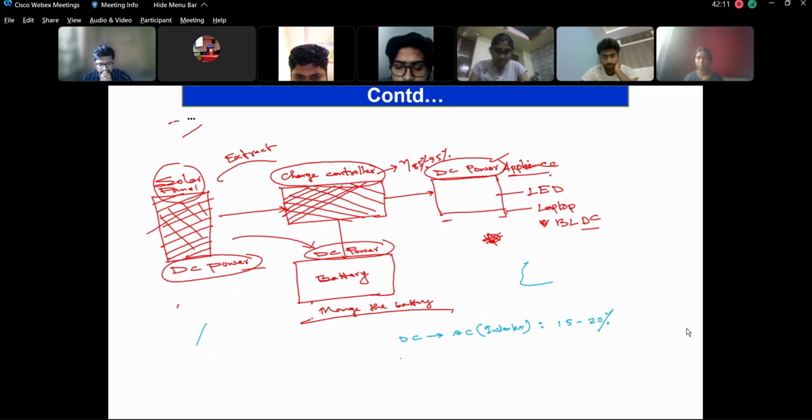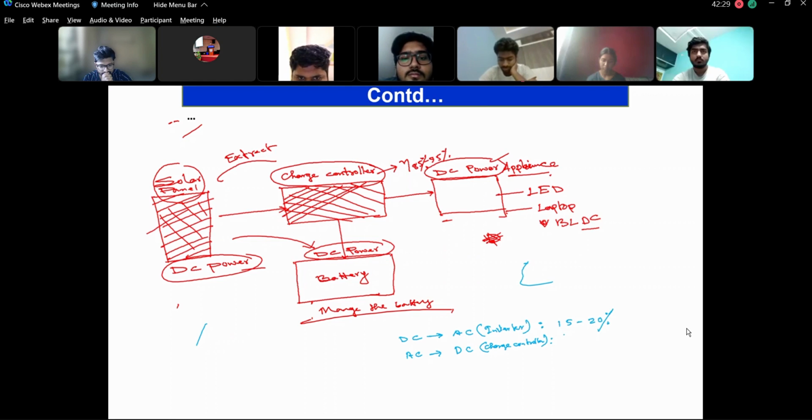While converting from AC to DC, this is the charge controller, here the loss is 10 to 15%.